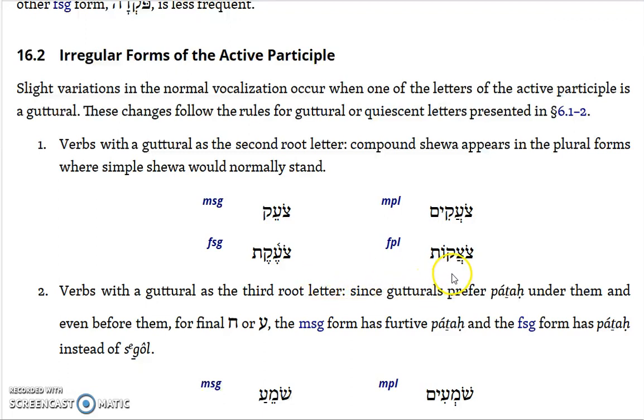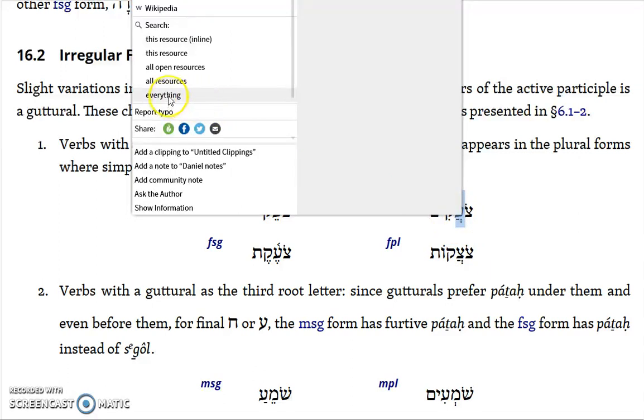And here, unfortunately there's a typo again, here under what should be an ayin is a hataf patah. Here it actually shows it correctly as an ayin. But again, the pattern would be to put a shewa here, but because you have a guttural, you cannot do that.